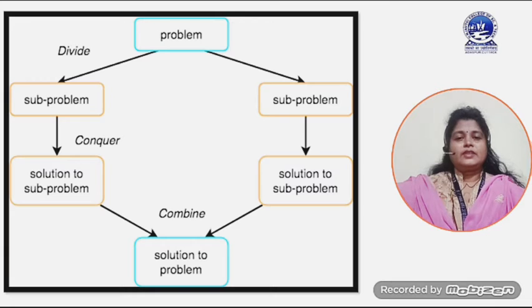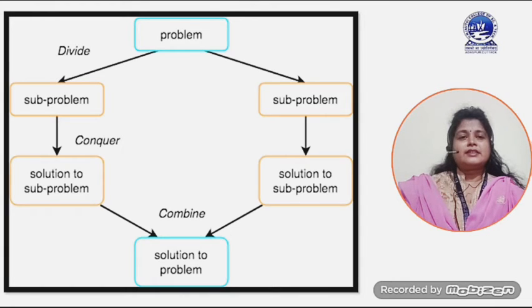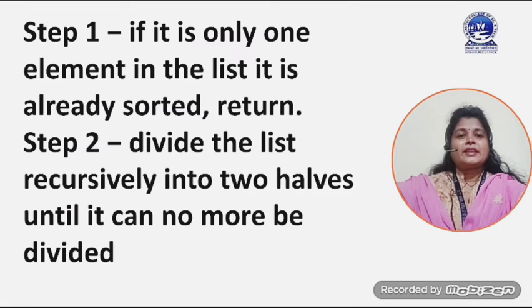In this diagram, you can clearly see that the problem is divided into a number of sub-problems. Then at the next step, we are finding the solution to the sub-problems, and finally at the end, we are combining the solutions of the sub-problems and representing them as the final solution to the original problem.